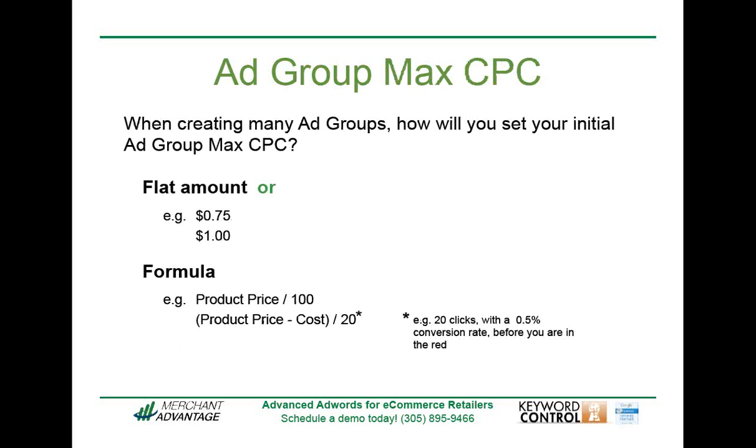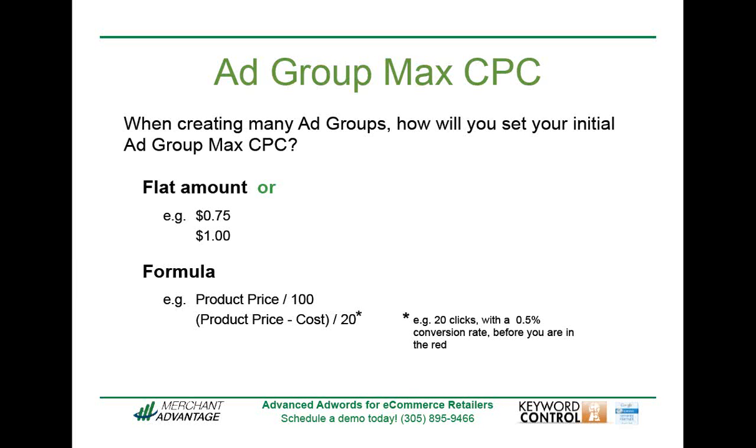When you're dealing with lots of ad groups and lots of products, one of the questions you will need to ask yourself is a simple one. How are you going to determine what your initial ad group max CPC is going to be? Are you going to use a flat rate? Are you going to use 75 cents a dollar? Or are you going to use a formula? Are you going to use the product price divided by, say, 100, or something more based on margins?